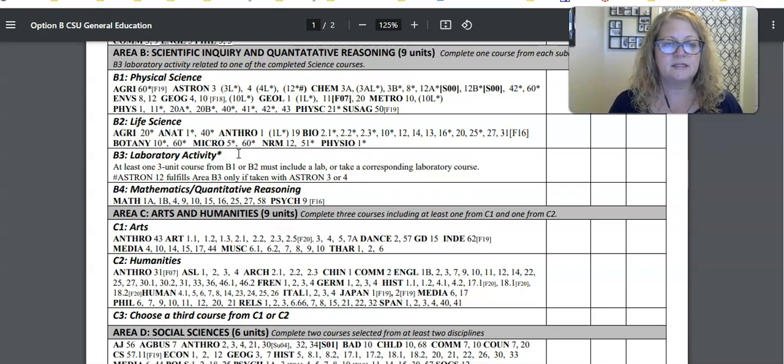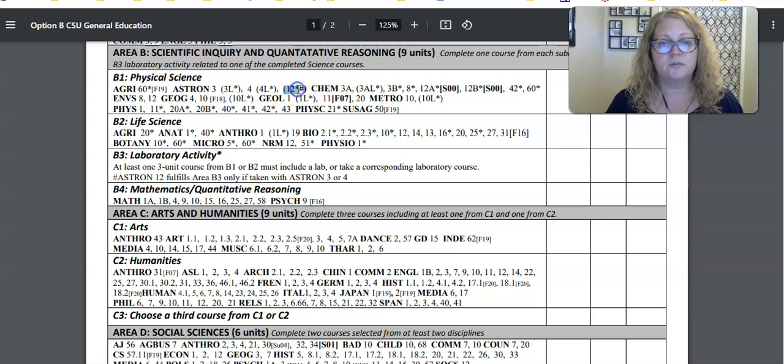Maybe AG 60 doesn't interest you. Maybe astronomy interests you. So you could sign up for Astronomy 3 or Astronomy 4. For either one of those, you could sign up for the lab that corresponds with that class. So that's a separate 1-unit class. So 3 units for Astronomy 3, 1 unit for Astronomy 3L, and it goes the entire semester.